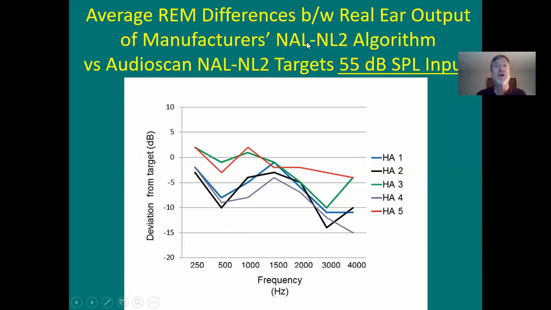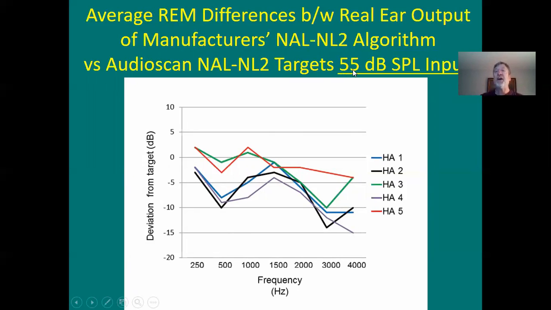So this is NAL2 among 5 different manufacturers. We're no longer talking about proprietary fitting methods here; we left that behind in the first 3 slides. These 2 slides are about how the manufacturers implement NAL2: the average real ear differences between the output of the manufacturer's NAL2 algorithm and AudioScan, a real ear measurement system.